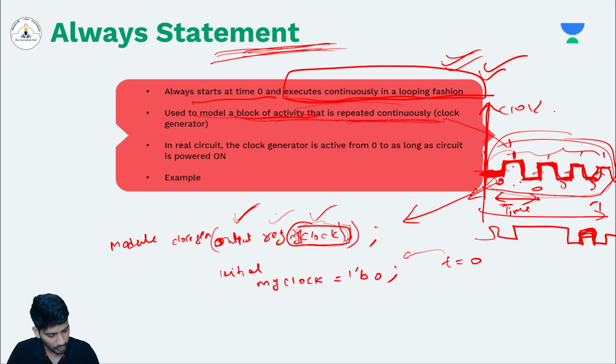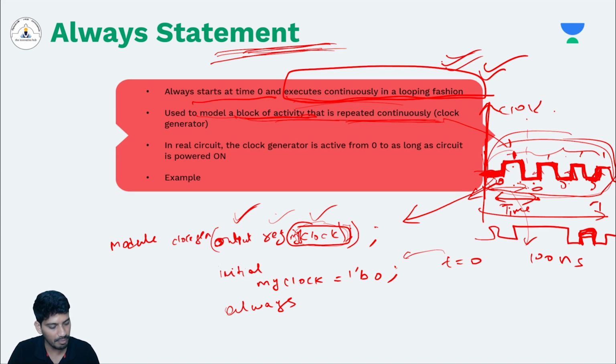Now, what I want is always my clock should flip like this from 0 to 1 and 1 to 0, 0 to 1 and 1 to 0, 0 to 1 and 1 to 0. So that's why I'm using always statement. Always what I require, what is the time period I want? Let's say I want a time period of 100 nanoseconds.